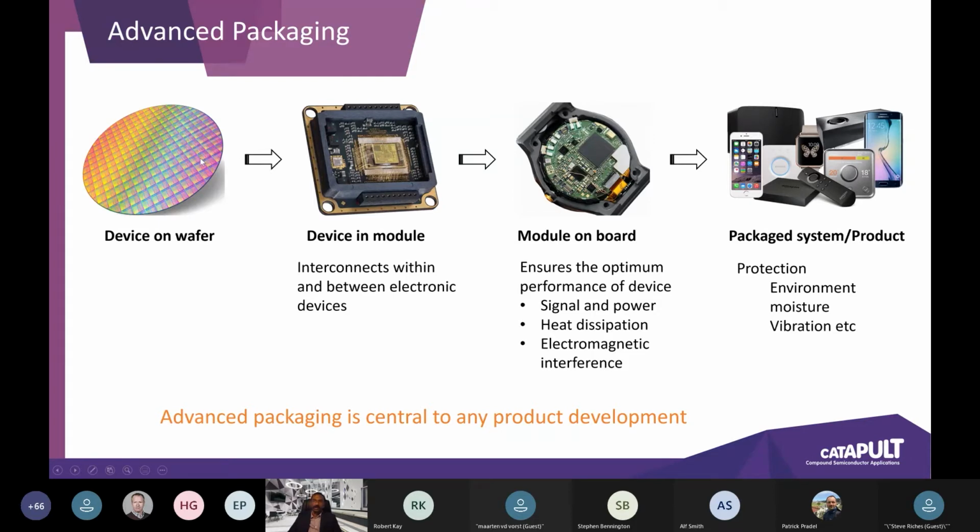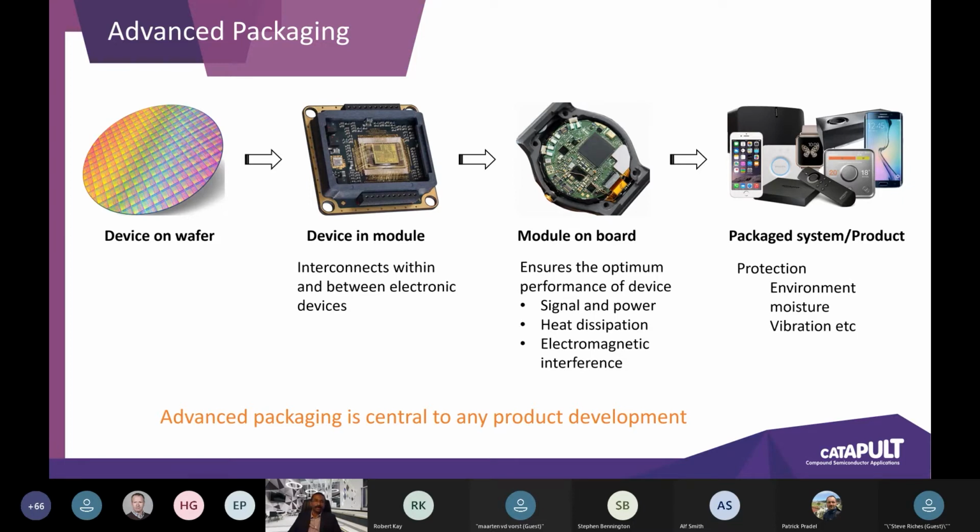So for a packaging engineer, in advanced packaging, what we are trying to do is take a die from a wafer and provide all the interconnects within and between the electronic devices. That is mainly known as a device in a module. And this module is then connected to a printed circuit board to ensure the optimum performance of the device.